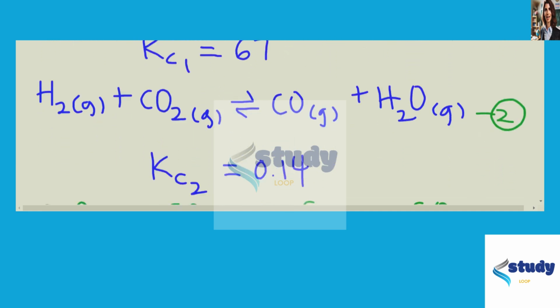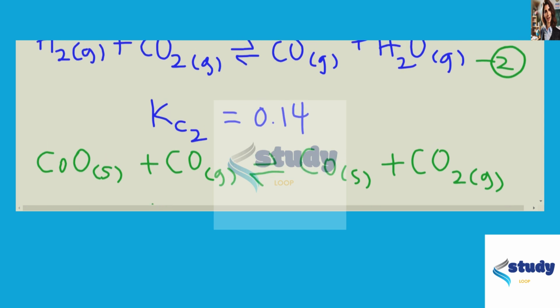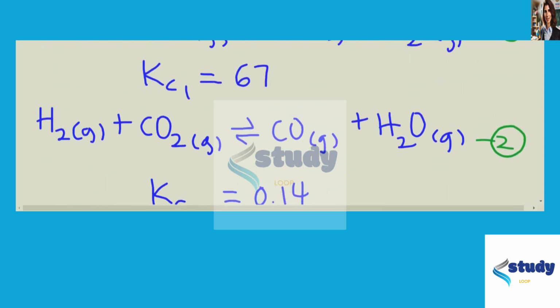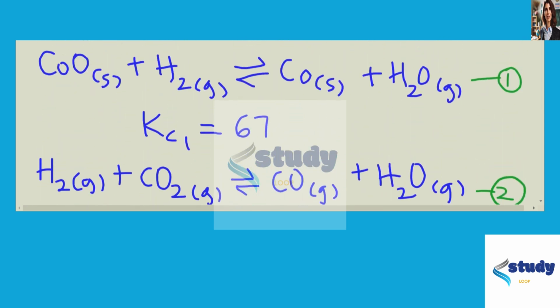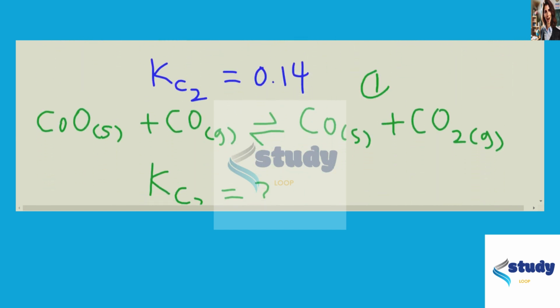And then we are also given a third equilibrium reaction, which is pretty much what we get from subtracting the second reaction from the first. So if we did 1 minus 2, we get 3, which is this.